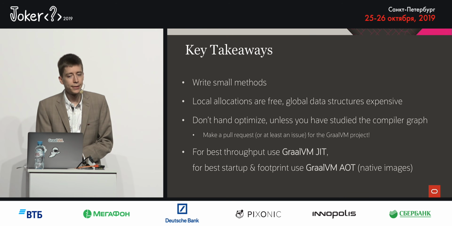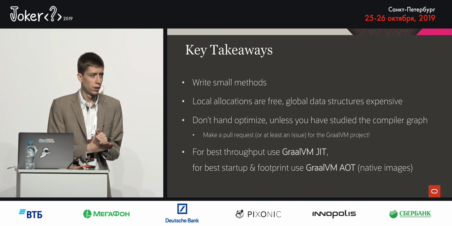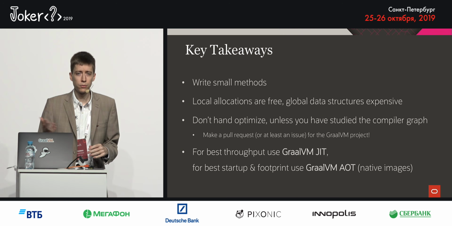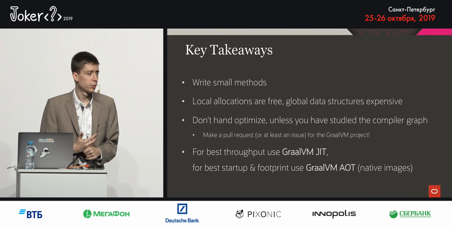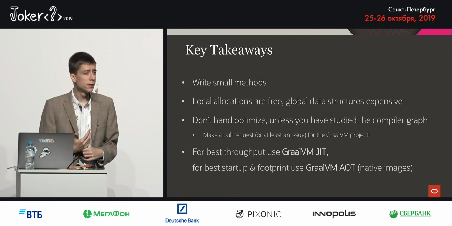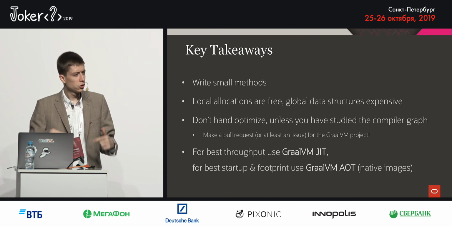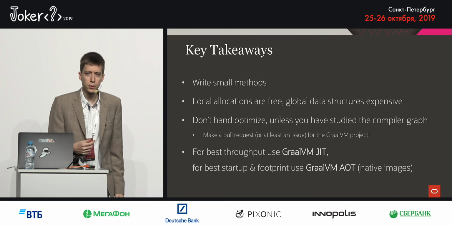The third one here is don't hand optimize unless you've studied the compiler graph. An example of a wrong hand optimization would be the one in the JDK on double to long bits, where it might have been better on hardware like 10 years ago, but it's no longer better now. This shows one of the problems you have when you hand optimize something.